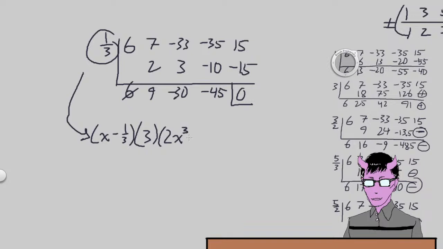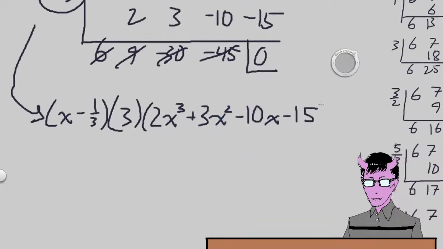And then divided by 3 is 3x squared. Divided by 3 is negative 10x. And then divided by 3 is negative 15. And again, we chose to divide by 3 so we could transfer to this one, distribute it, and make it look beautiful.